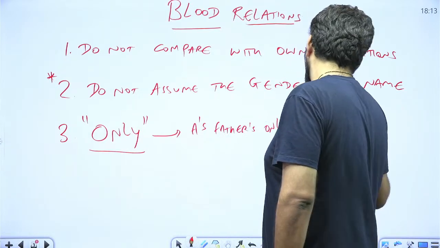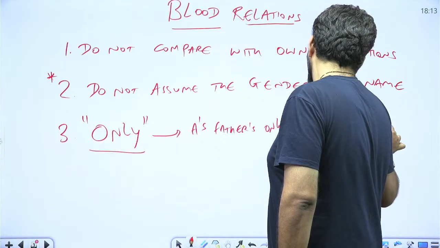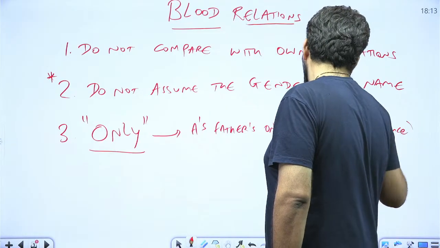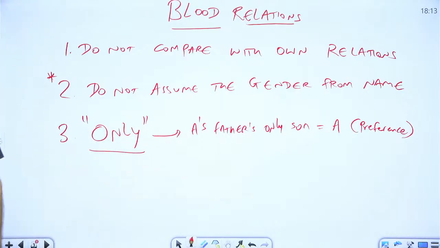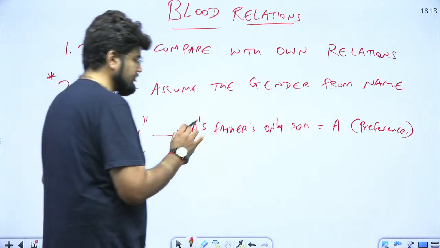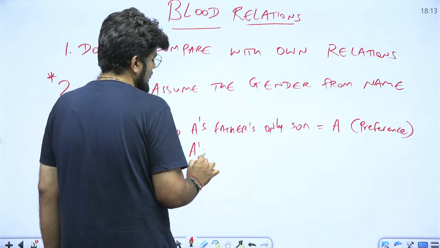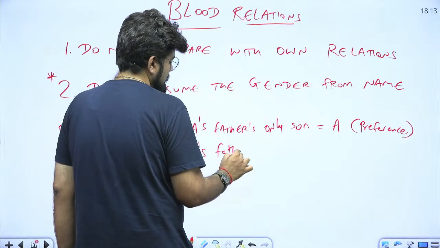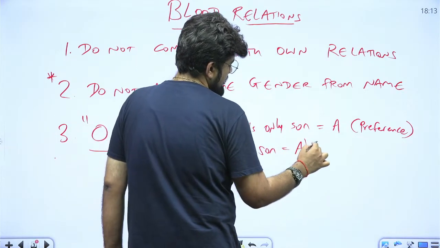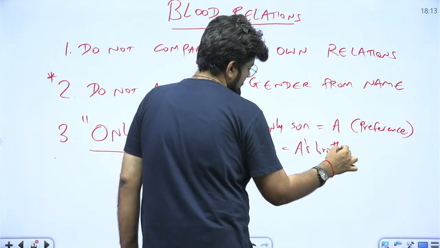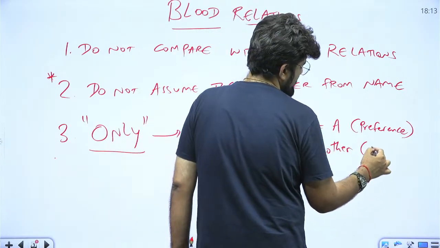We'll give preference to A here, unless we know A is a female. A's father's only son is A only. Okay, and A's father's son will be A's preferably brother. Are you getting it?